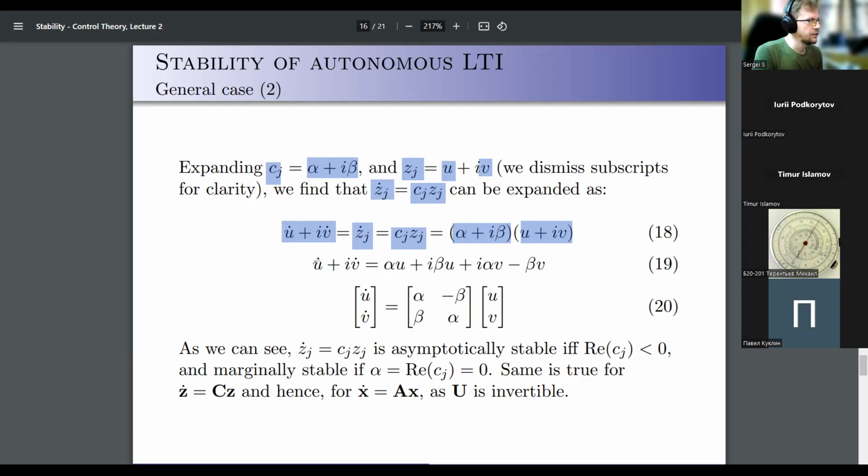Now we can open those brackets, and what we have is alpha u plus i beta u plus i alpha v minus beta v.